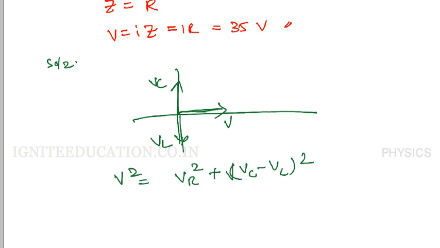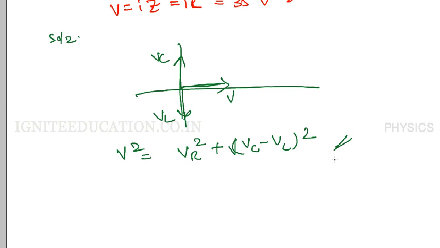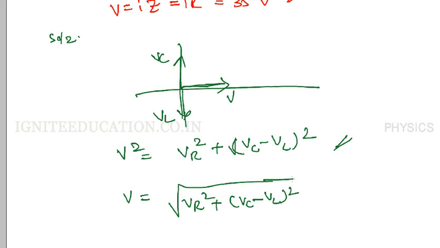According to the phasor diagram we can relate the potentials of the respective elements with this formula. Or V is equal to root of VR square plus (VC minus VL) whole square.